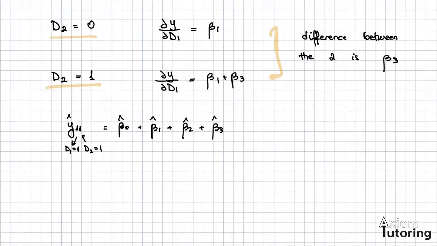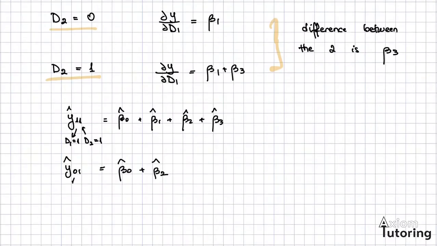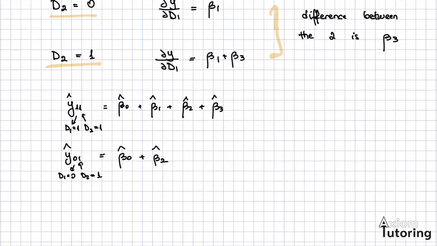In the case of y01 hat, it is beta 0 plus beta 2 hat. So in here, I changed 0, 1, which means that d1 here is 0, while d2 is still 1. So as you can see, although the notation for y has slightly changed, these are the same case scenarios that we saw in the previous video.